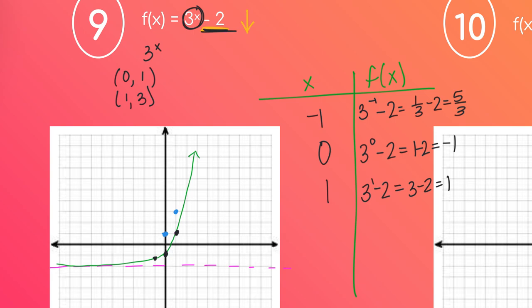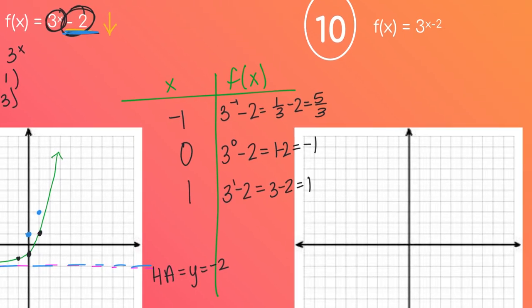So you can see, with that shift, all I'm doing is moving down 2 units. Now my horizontal asymptote is where y is at -2, because they're giving me that -2 here. That means it is not going to pass that line where y equals -2.